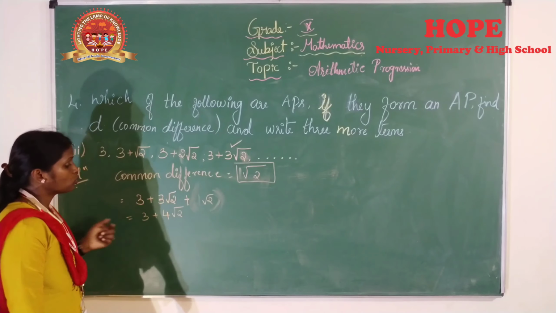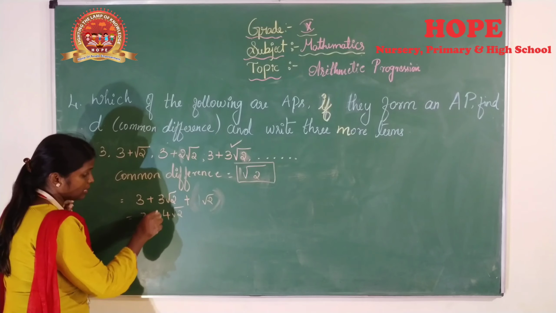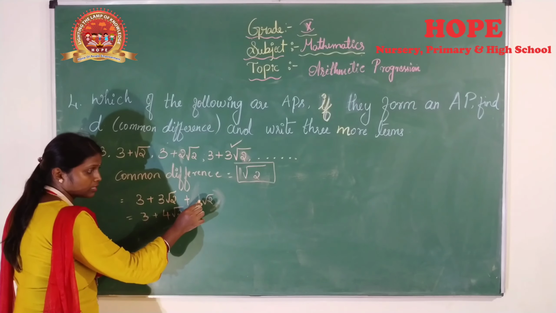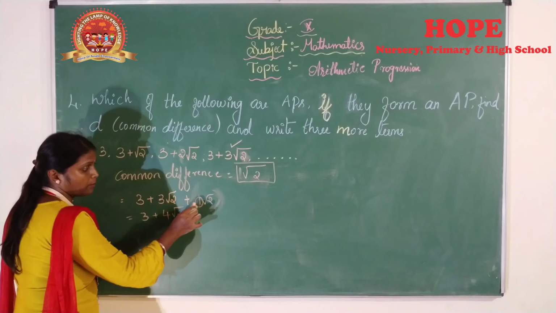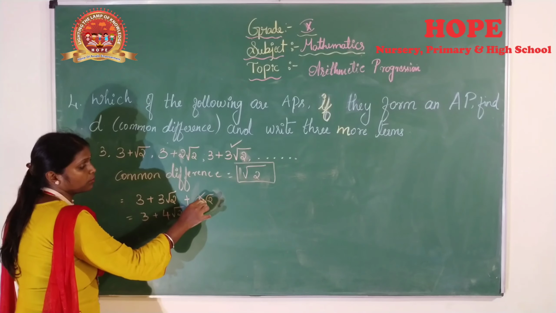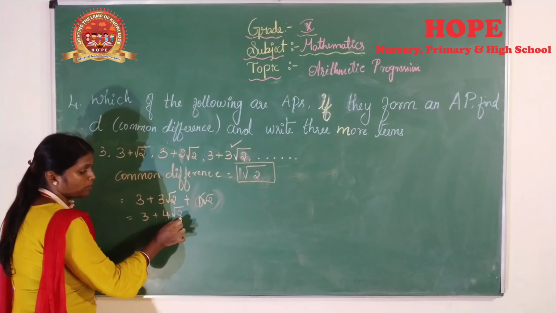The 3 stays as it is. If nothing is mentioned next to root 2, then there is a 1 there. So 3 plus 1 is 4, and root 2 is common.